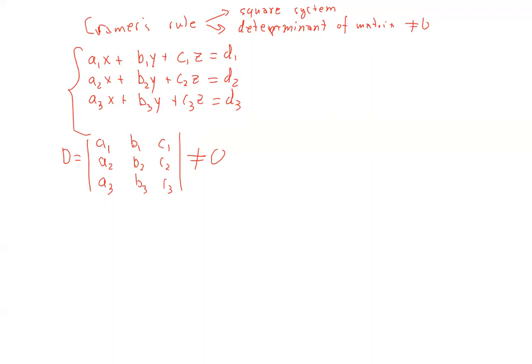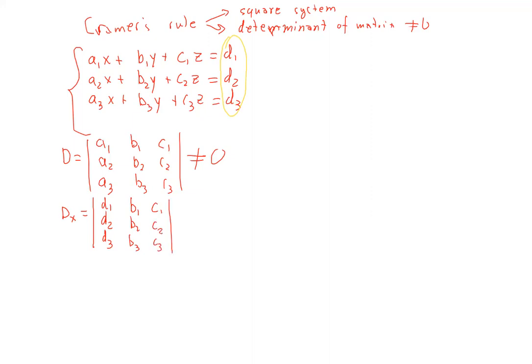Then Dx is what? You take the column of the constants on the other side, and you replace the column of the coefficients of x. So it becomes d1, d2, d3, b1, b2, b3. You leave all other columns as they are.